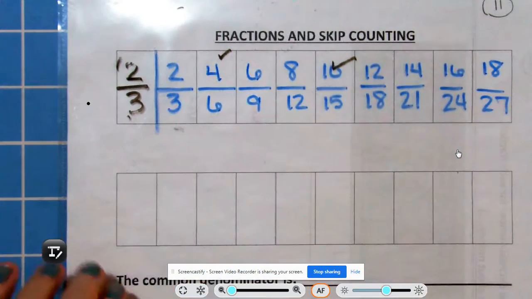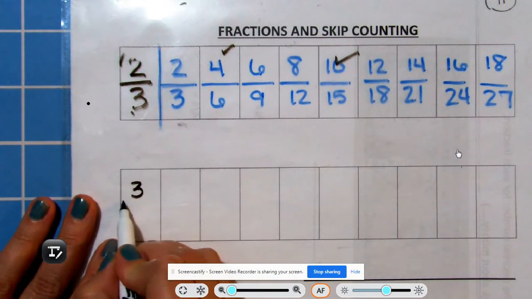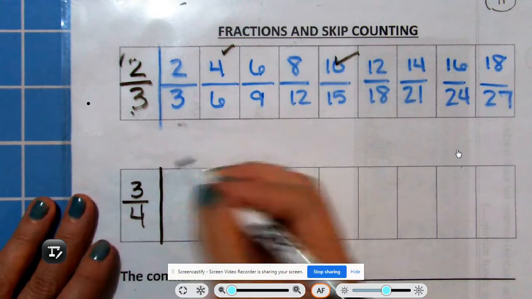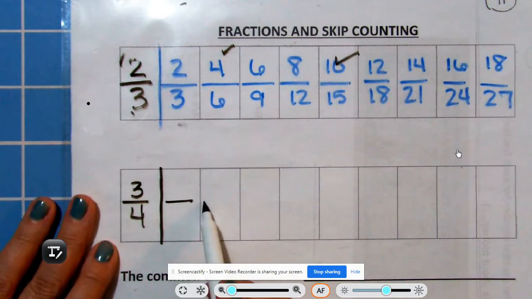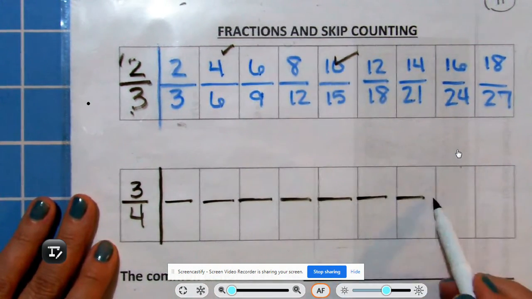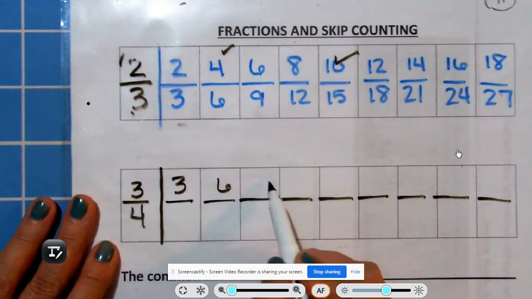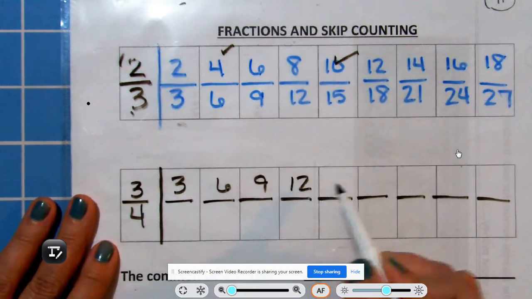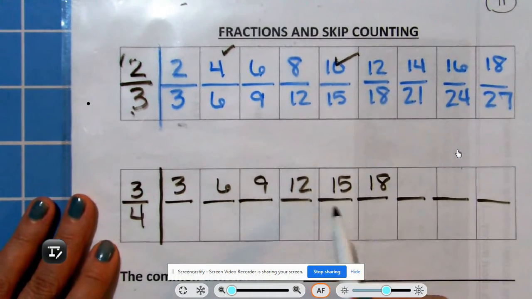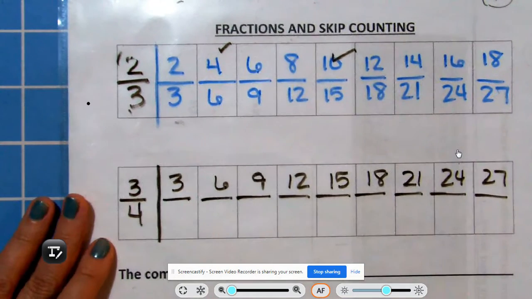All right, let's try 3/4. So we're going to skip count by the numerator, which is 3. 3, 6, 9, 12, 15, 18, 21, 24, 27.